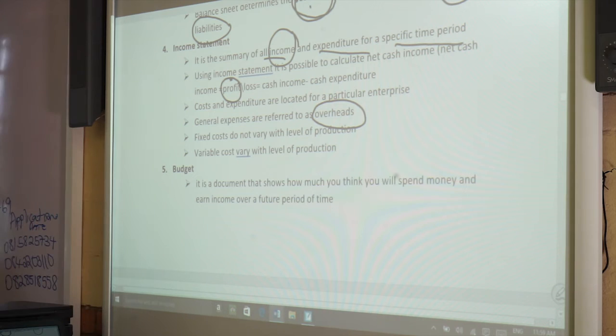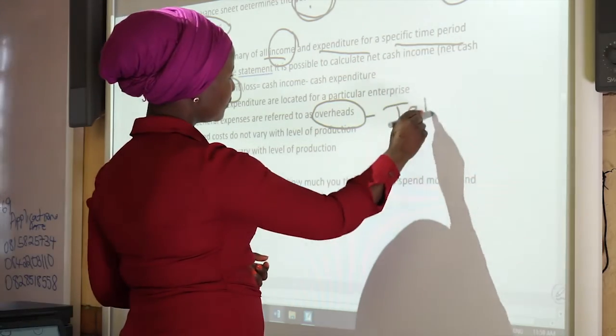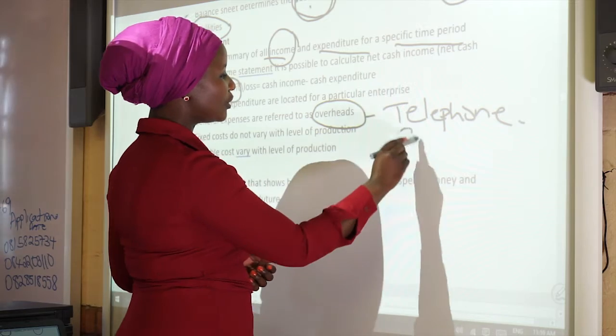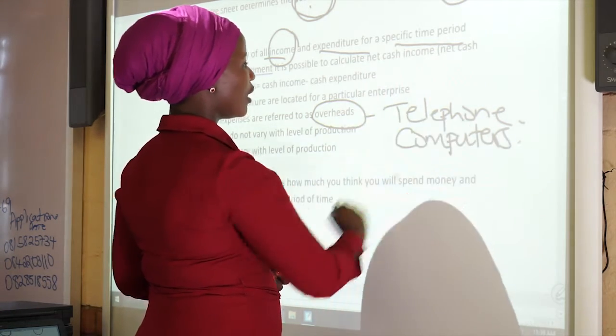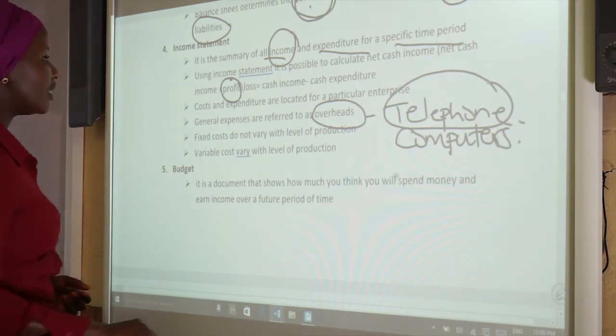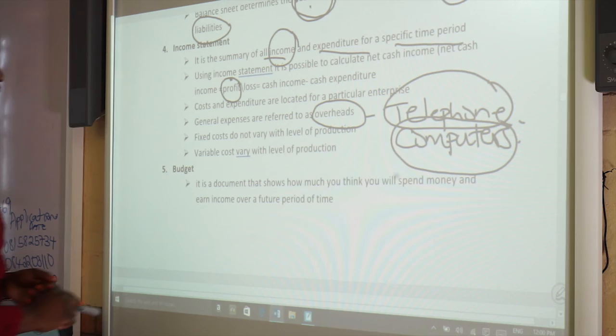So in an income statement, we've got what we call overheads. These are the things that keep the business running. For example, telephone, computers for the internet. We communicate with our clients using a telephone, and then we market our product using computers.